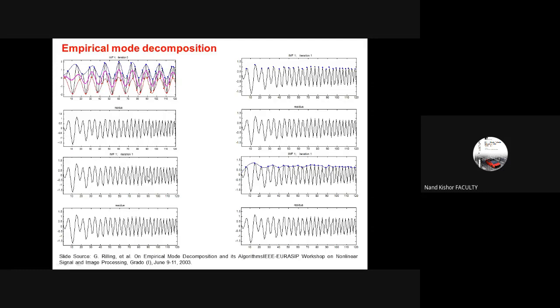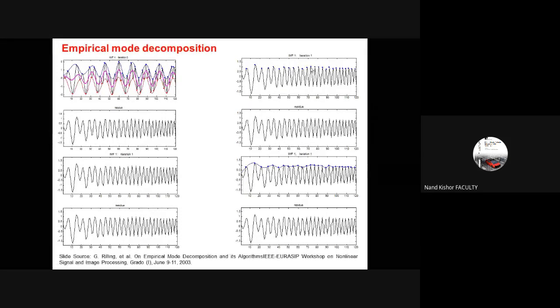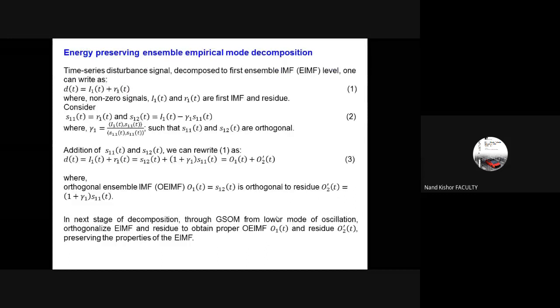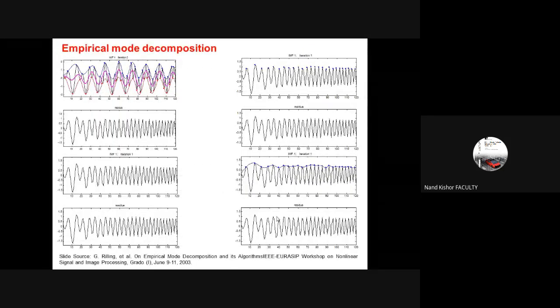So for the residue, you again obtain the positive peak, the upper envelope curve, and finally you can get it for the residue. So this process we keep on doing until the original signal is decomposed into several IMFs, several intrinsic mode functions, each of which corresponds to a particular frequency component.